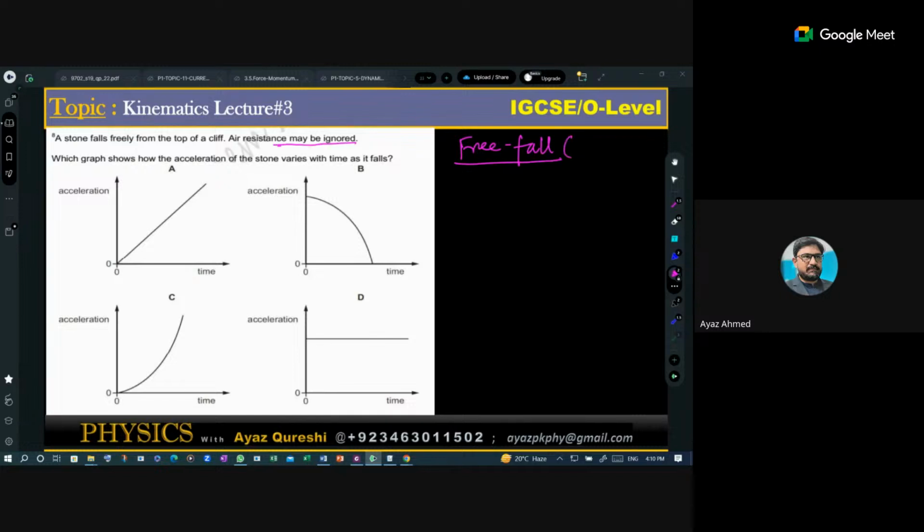It means acceleration is constant. What's happened?